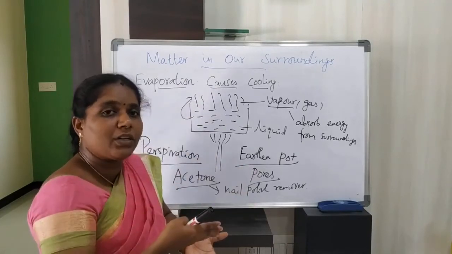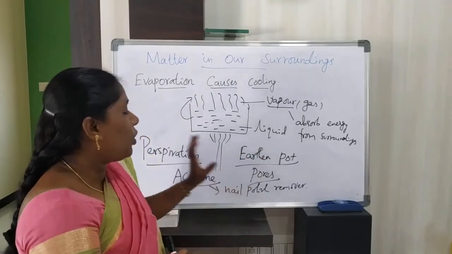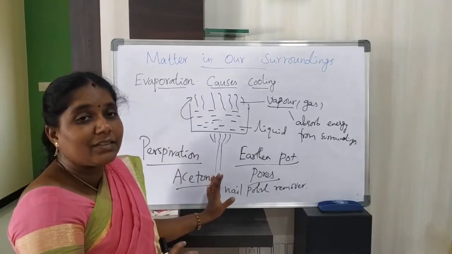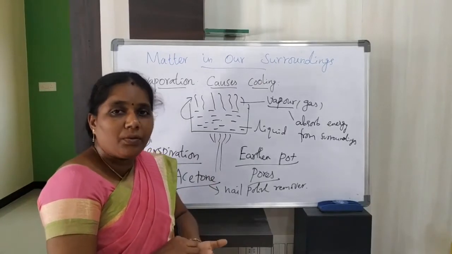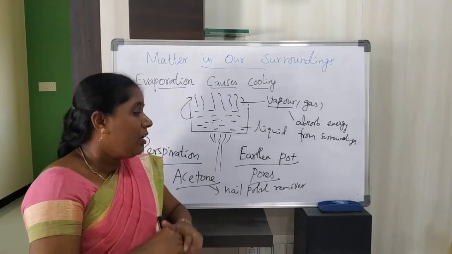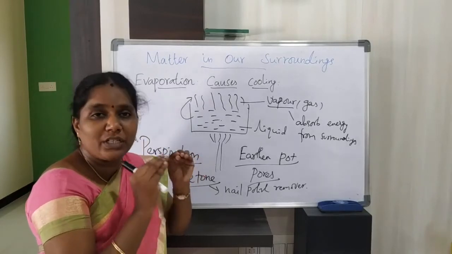How does evaporation cause cooling? In all these processes, the earthen pot, perspiration, using acetone as nail polish remover, or adding some petrol on our palm, what happens generally? Evaporation takes place.